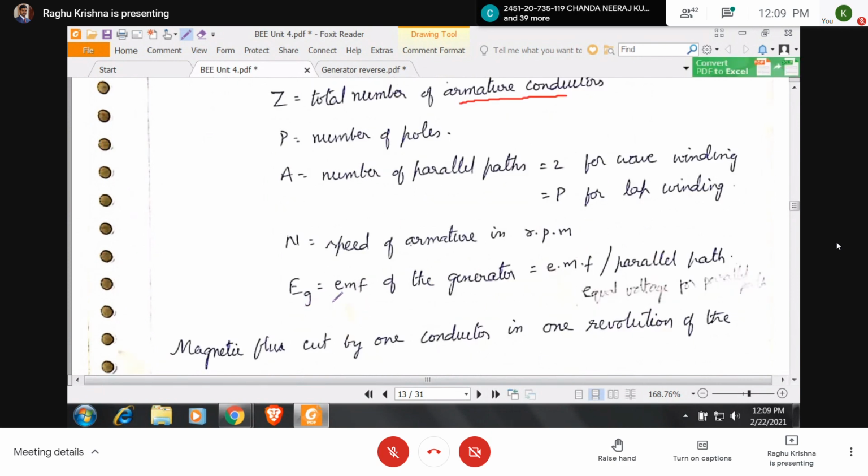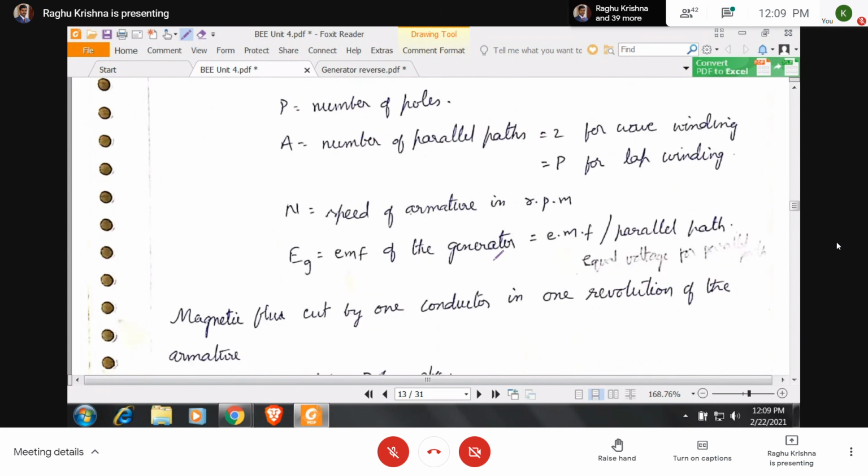EG is the EMF of the generator, and we are going to find the expression for this EG. EG is the EMF per parallel path. The number of parallel paths equals 2 for wave winding and P for lap winding.